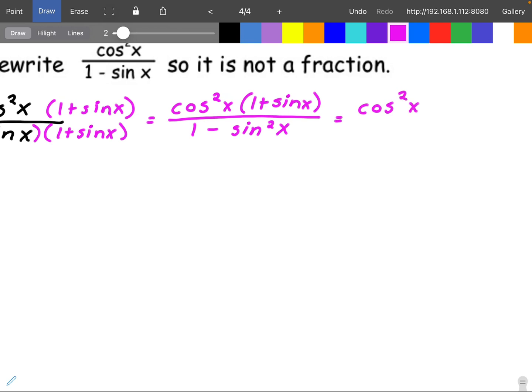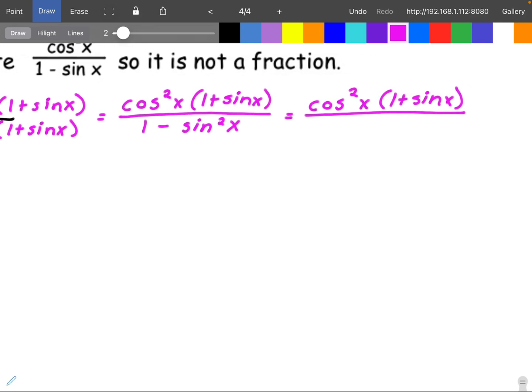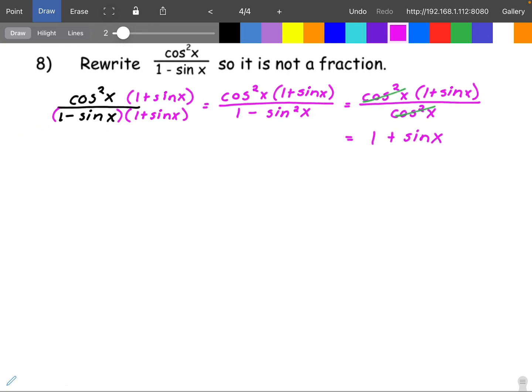So I'm going to leave my numerator the way it is, and my denominator can simply be replaced by cosine squared x. And then I see that my fraction has a cosine squared x on the top and the bottom, which means those can simply cancel out, and we are left with just 1 plus sine x. So we no longer have a fraction. We're good to go.